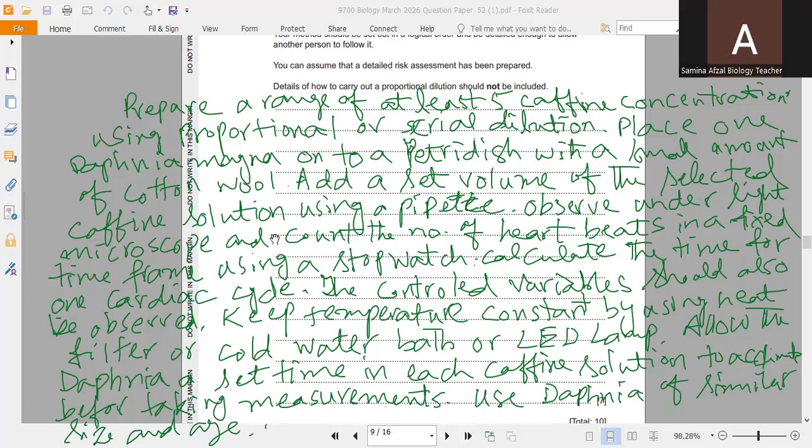Repeat the procedure for at least 3 to 5 times.